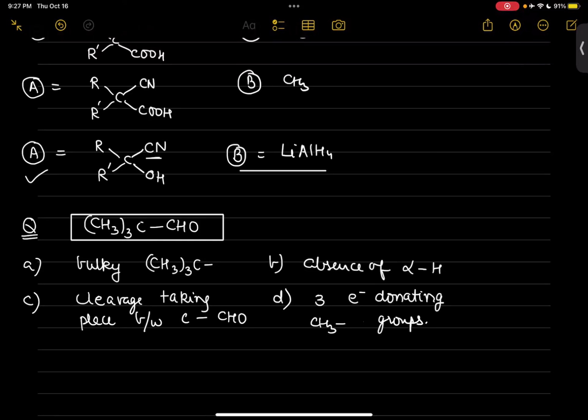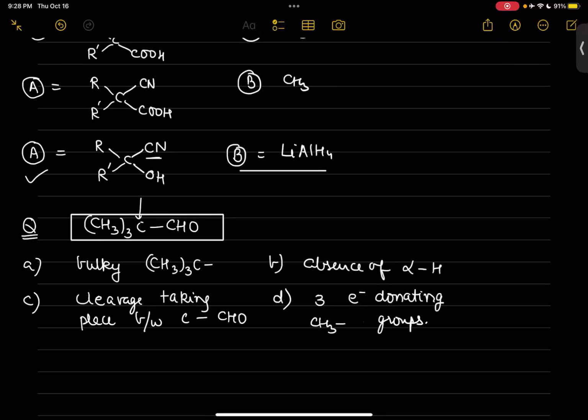That aldol condensation is given by those aldehydes and ketones which possess at least one alpha hydrogen. Getting my point or not? While the Cannizzaro is just the reverse. Okay, till now we have not yet done. Cannizzaro is given by those aldehydes which do not possess any alpha hydrogen.